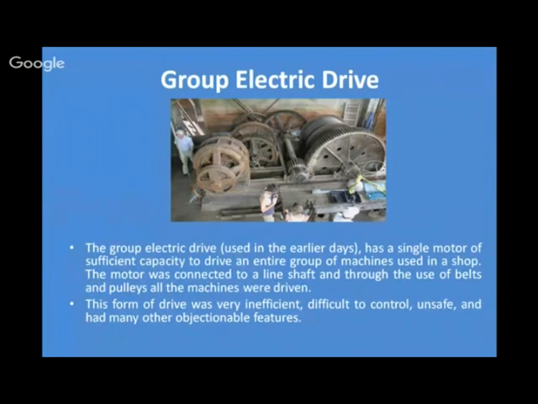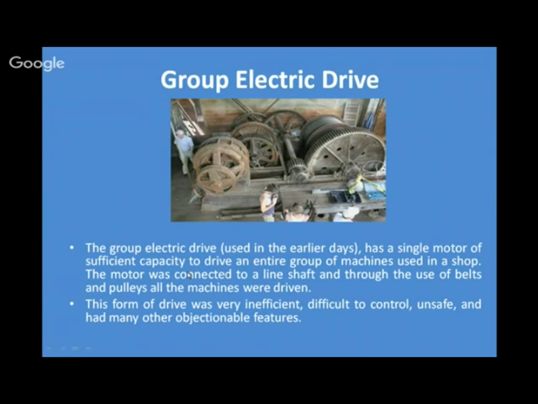First of all, we have group electric drives. These are now obsolete and are rarely used in systems. In this type of drive, we have a single motor which is used to run all the equipment of the system.